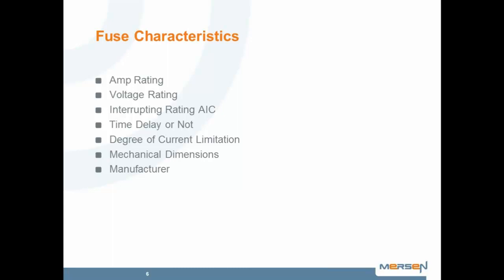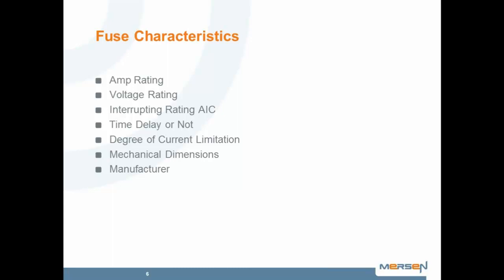For instance, you could have a DC voltage rating, AC voltage rating, a combination of both. The next thing is interrupting rating. We are not going to go into that in this talk, but it's very similar to interrupting rating on a circuit breaker or a CCR rating of a switchboard or something like that.